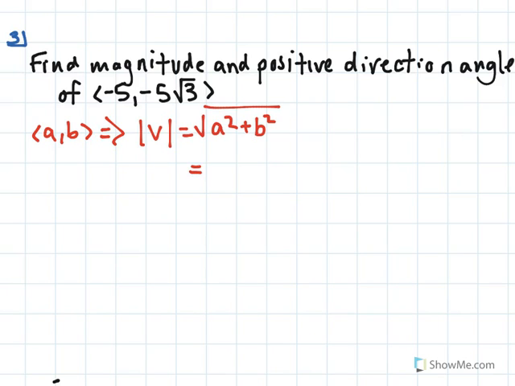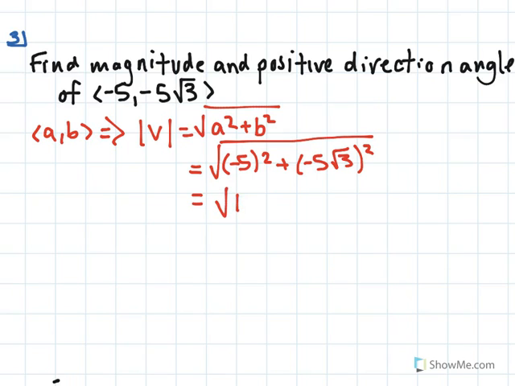So in this case, our magnitude is going to be the square root of (-5) squared plus (-5 root 3) squared. So this is going to be equal to the square root of 100, which is equal to 10.